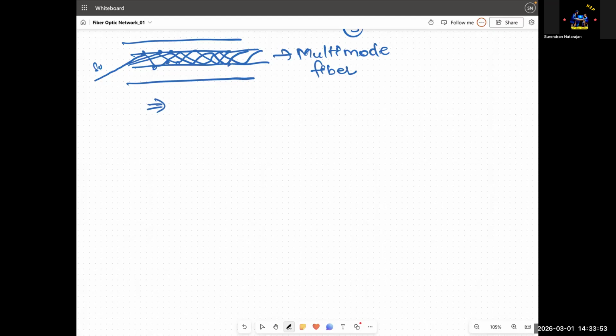The only condition that differentiates single mode and multi-mode. No, the width of the road. If you don't have the option, you will go straight, right? Yes, agree.